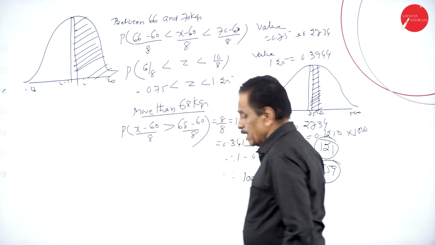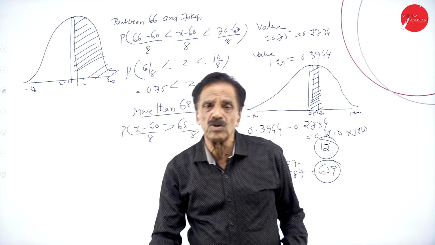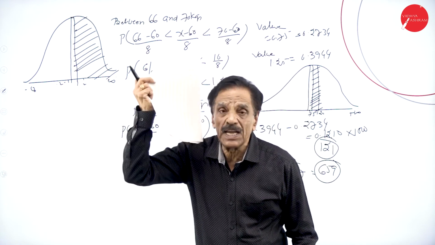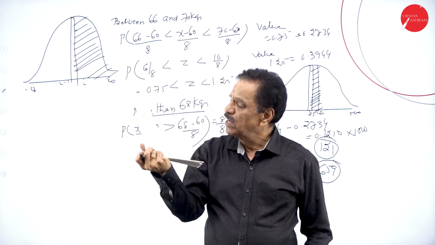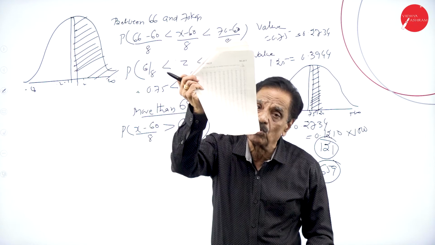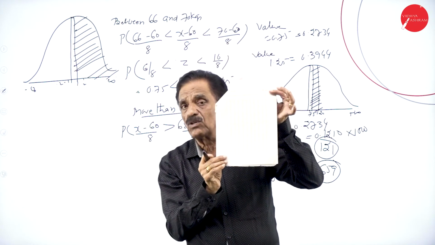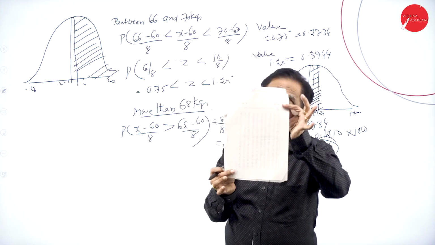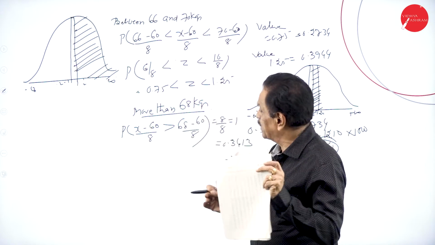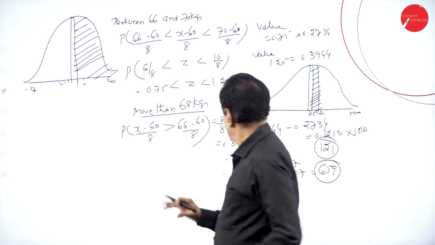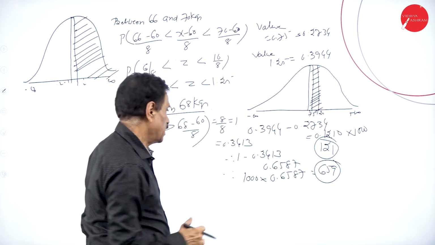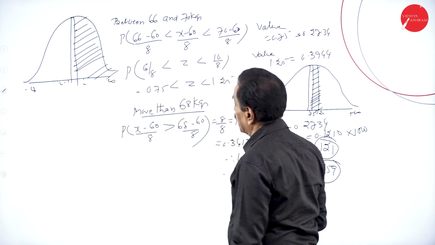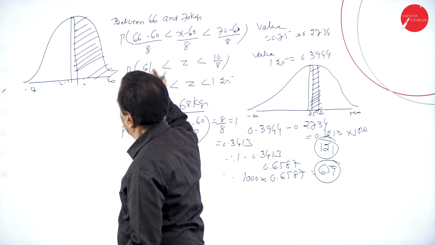So this is the only thing you have to remember: as per the table given by the university, you have to see that. Some tables go from z to infinity, some go from 0 to infinity, and some from 0 to z. This is the university paper, 0 to z, and I have taken this one. Hope you understand. Any value comes, deduct from 1, multiply. That's all.